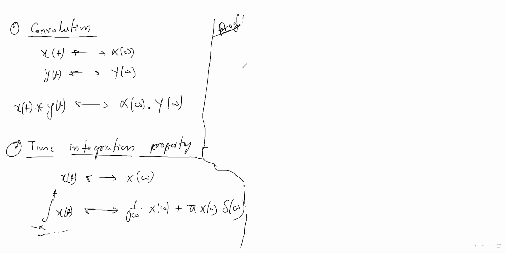First of all, you should know the convolution property. Here I have given the star. If we convolve x of t with another signal u of t, the convolution is the integration from minus infinity to infinity of x of tau u of t minus tau d tau.